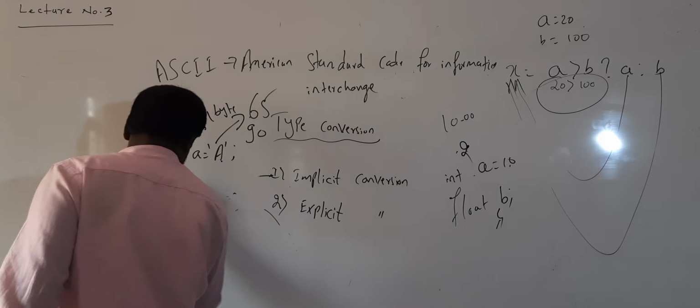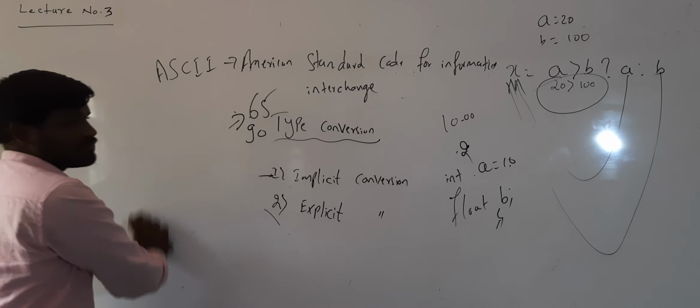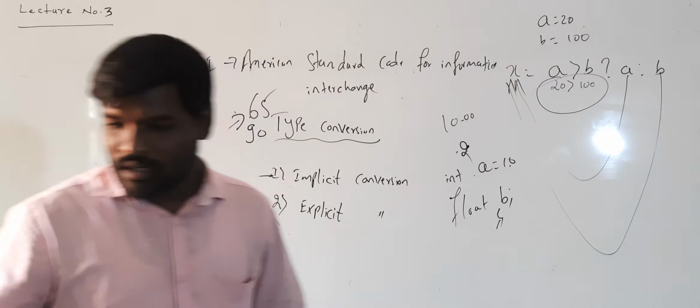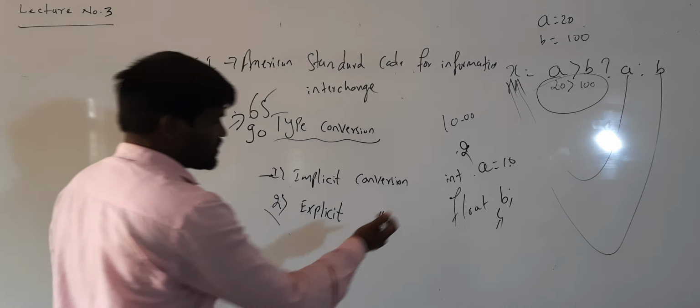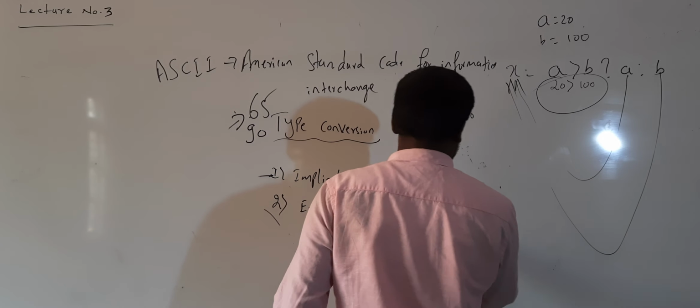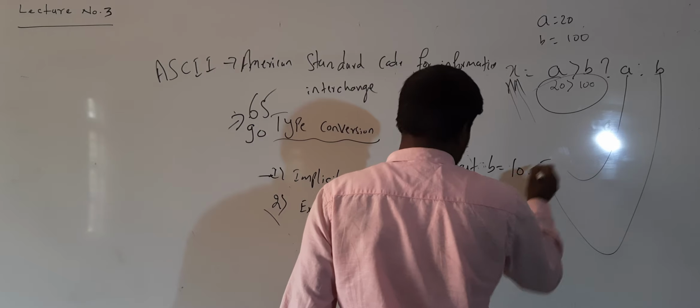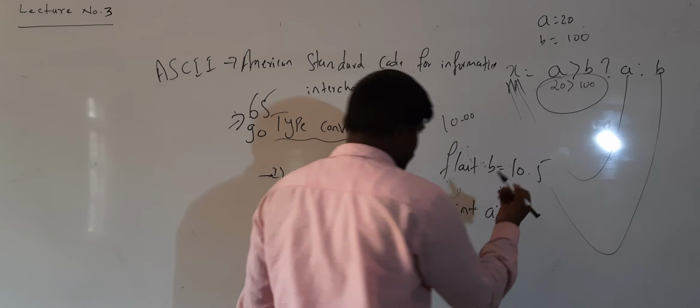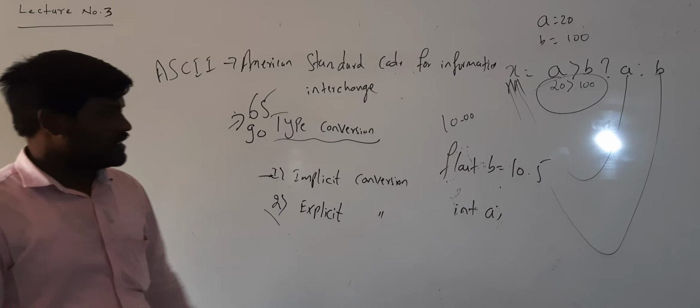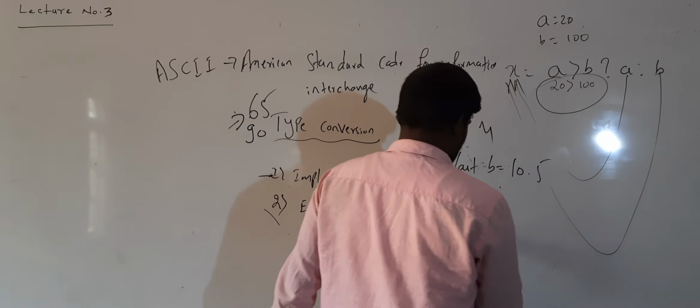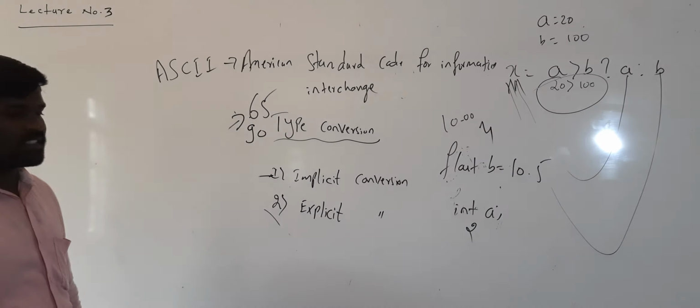Another one is explicit conversion. Here explicit conversion means large to small. For example, float b = 10.5. So here int a, opposite. Here the source is 4 bytes, and the destination is 2 bytes.